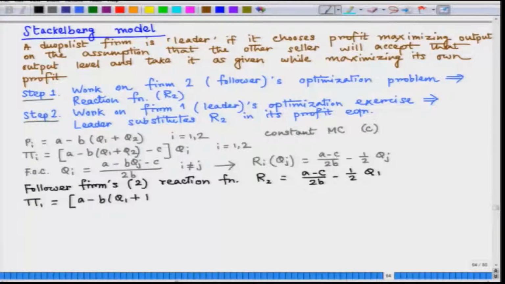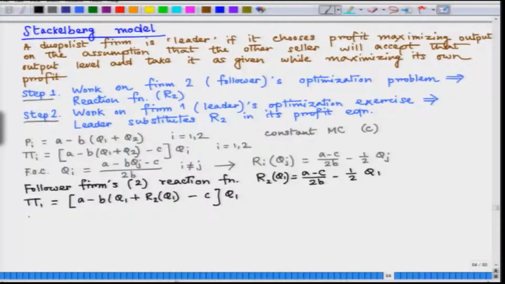So, here it will simply substitute the expression that we have derived here, okay, and complete its profit equation.